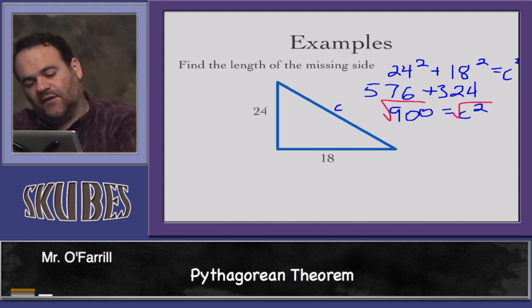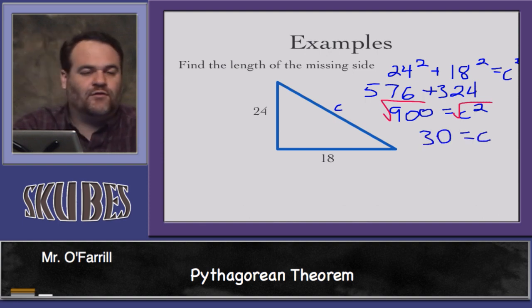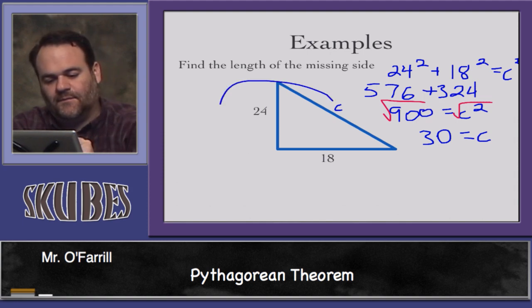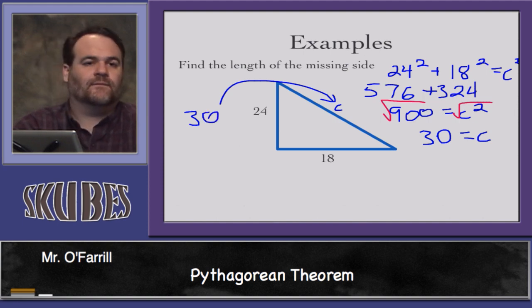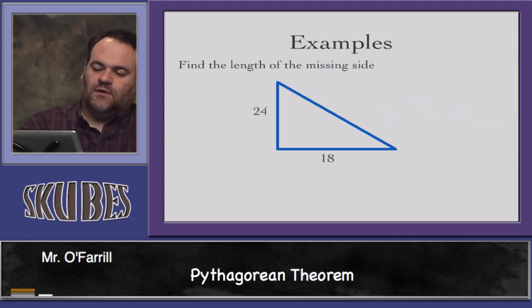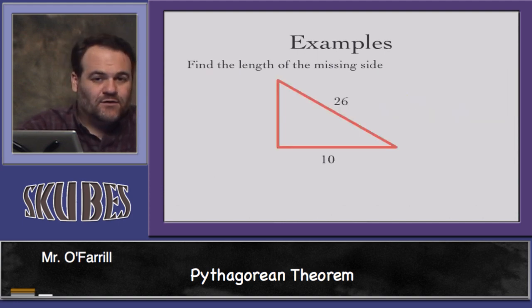So in this case, c equals 30. So the missing side right here is 30. Fairly simple.